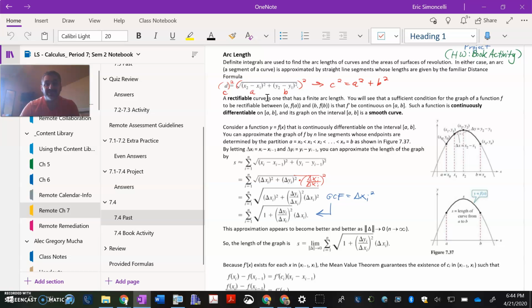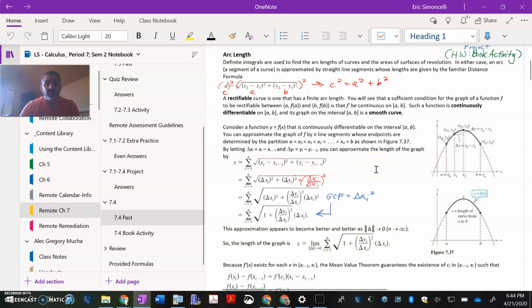Such a function is continuously differentiable on [a, b], and its graph on the interval a to b is a smooth curve. We're going to take a look at the graph off to the right in a moment, but we are going to dig in a little more deeply as far as how the distance formula plays into things.